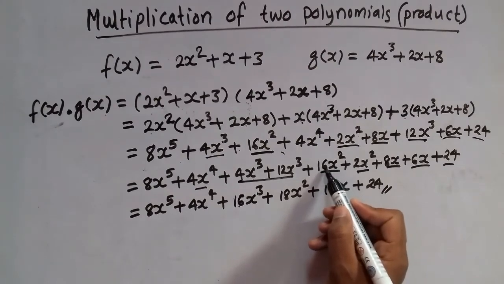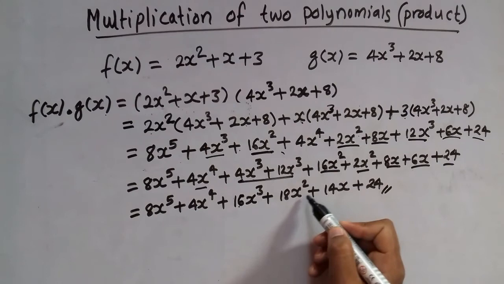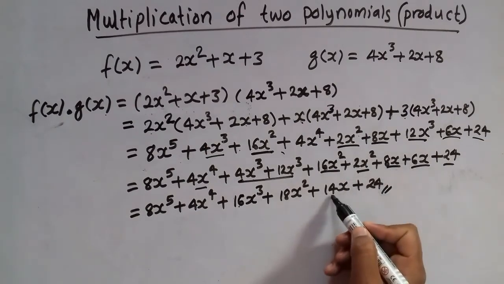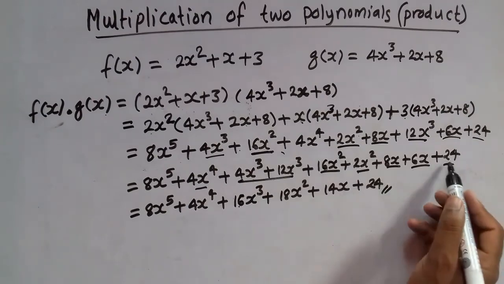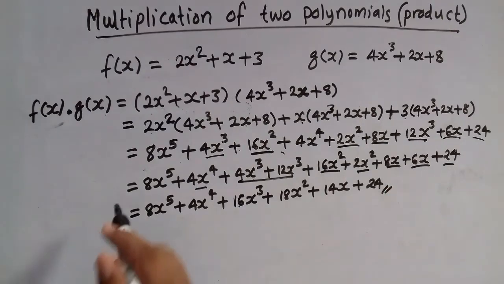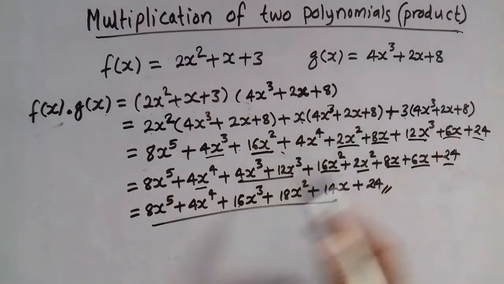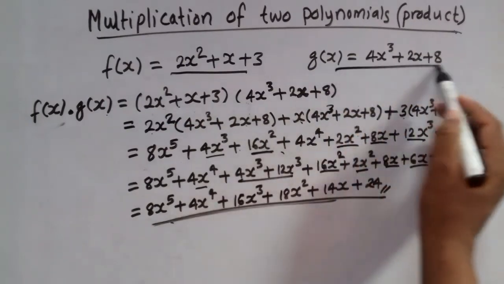Here 16 plus 2 is 18 and x square is written as it is. 8x plus 6x, 8 plus 6 is 14 and x is written as it is, and 24. This much is the product. The answer of multiplication is called product, and this is the product of this polynomial fx and gx.